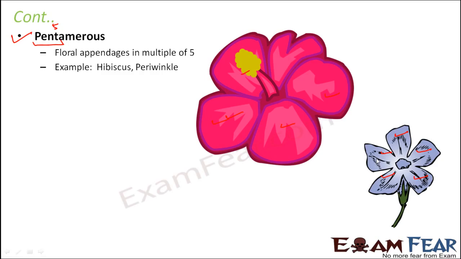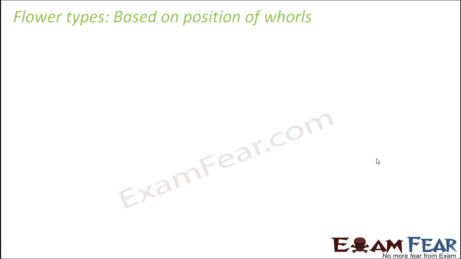Right? So these are the 3 types of flowers based on the number of floral appendages, whether they have floral appendages in multiples of 3, 4 or 5. Respectively, they are named as trimerous, tetramerous or pentamerous. Now let us look at the last topic on flower types, which is based on the position of whorls. So we have spoken about the 4 whorls: calyx, corolla, androecium and gynoecium.